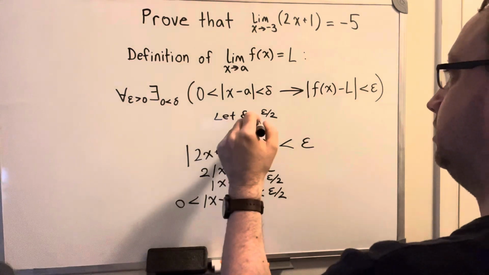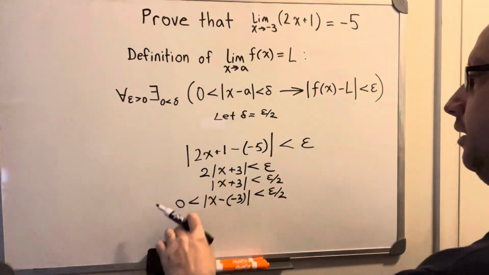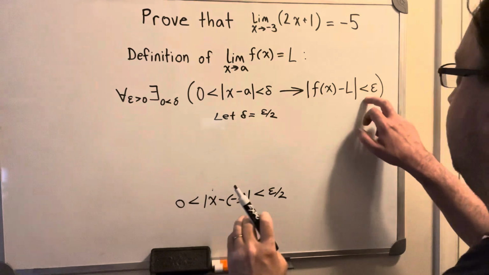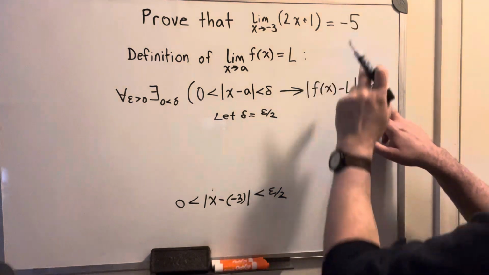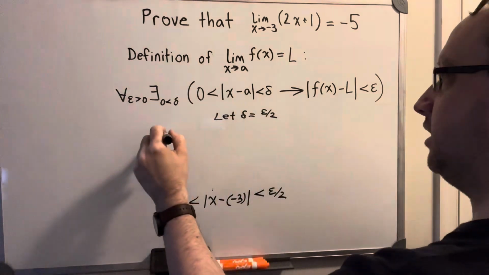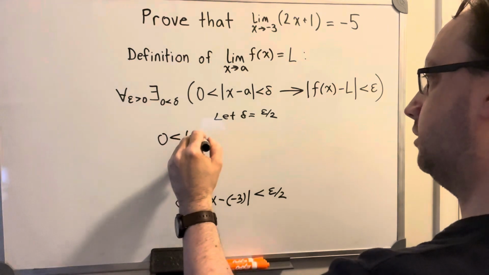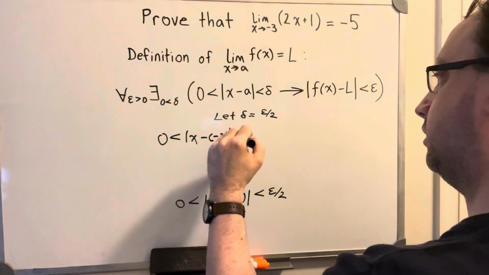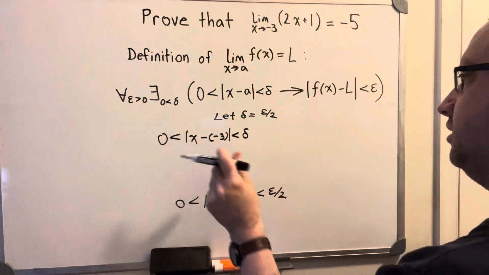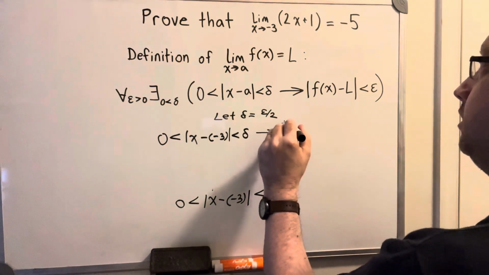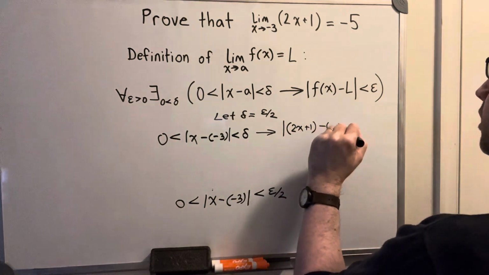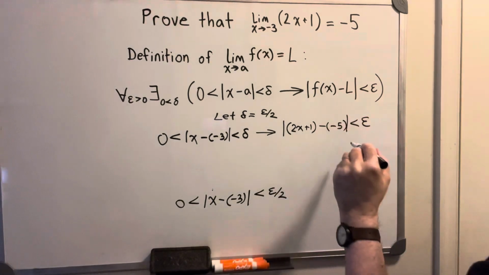Then, obviously, it's greater than 0, and we have found that, because we started with the assumption that f of x minus negative 5 was less than epsilon, and we came to the conclusion that delta exists, now we can say that if x is within this delta of negative 3, then 2x plus 1 will be within epsilon of negative 5.